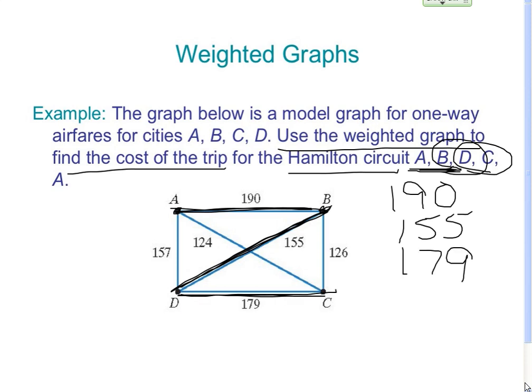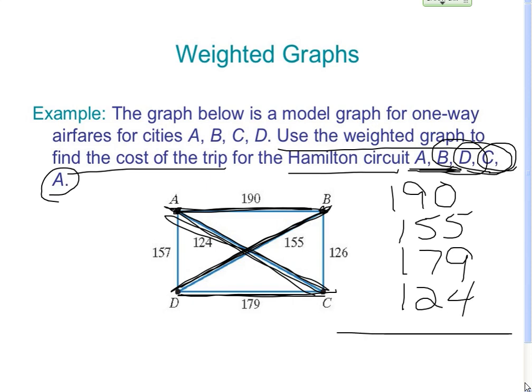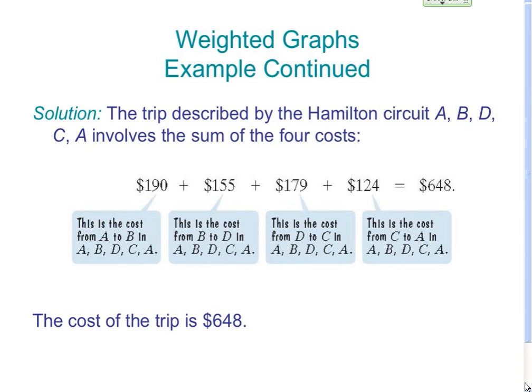And then I want to go from C back to A. So that's it. This edge right here is $124. And you would add this up, and that would tell you the cost of the trip for this Hamilton circuit. Cost $648.